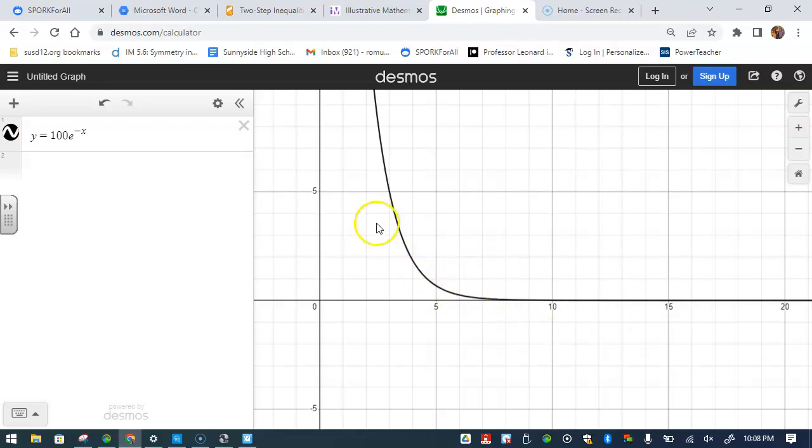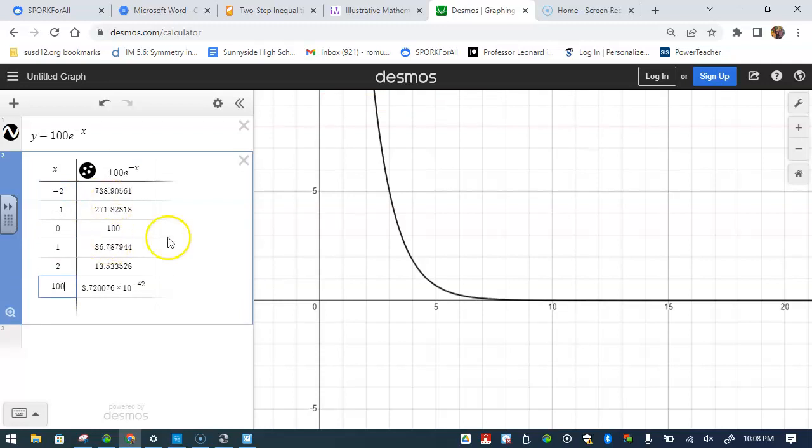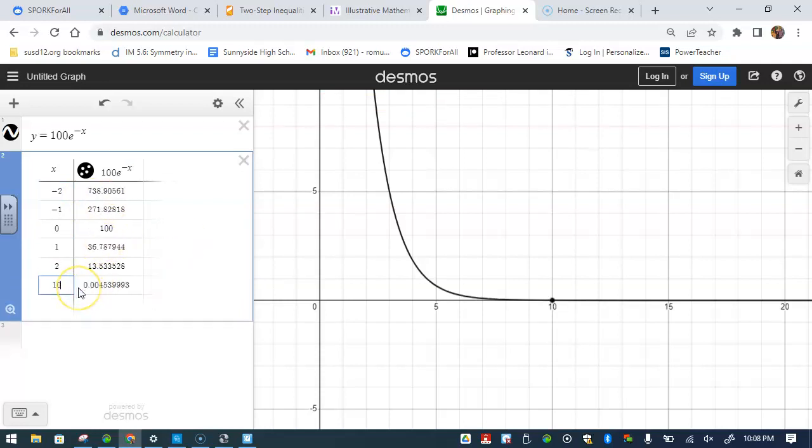And why don't we put some numbers, maybe say minus 2, minus 1, 0, and then put 100 and see what happens. See? So there's always some number. So let's put 10 maybe. See? When I put x equals 10 here, it is 0.004. It becomes a very small number. Put 20. See?